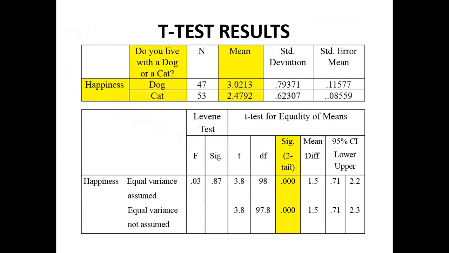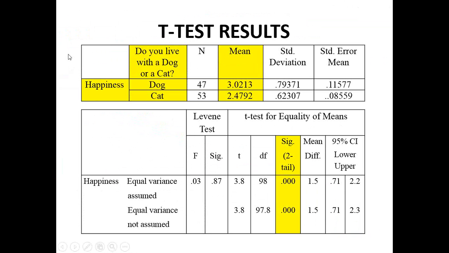What we want to look at is who has the higher or lower mean score, and is there a significant difference? Is there a statistically significant difference between those mean scores?